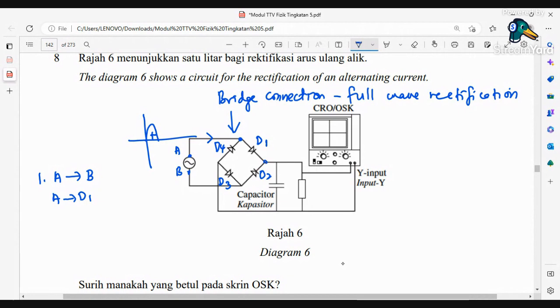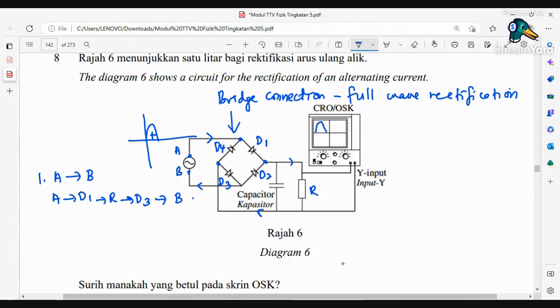Then it continues to pass through R, and then goes to here, reaches D3, cannot go to D4, and then goes to B, complete. So you can see for the first half, there will be a positive trace.